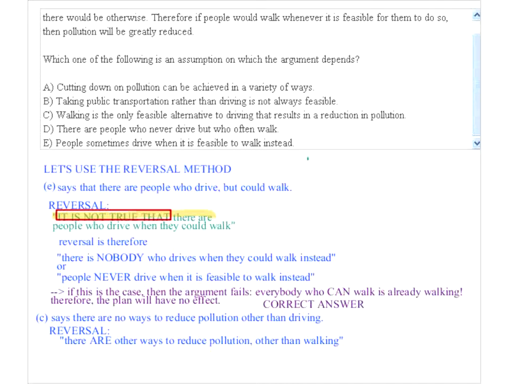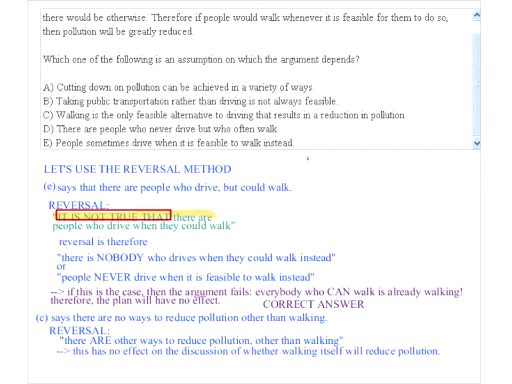Let me edit that real quick. There are ways to reduce pollution other than walking. Well, this doesn't affect the argument, right? This has no effect on the discussion of whether walking itself will reduce pollution.